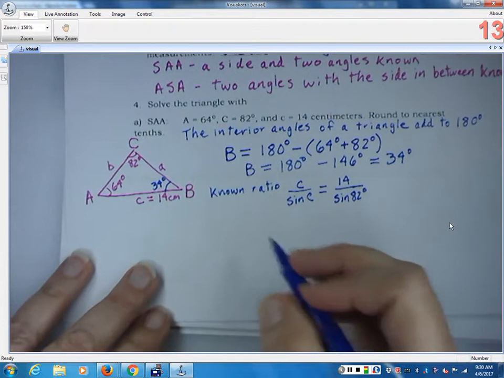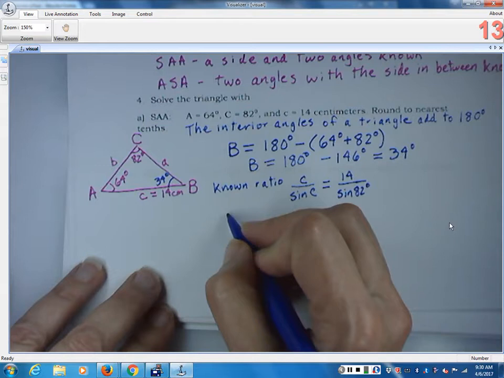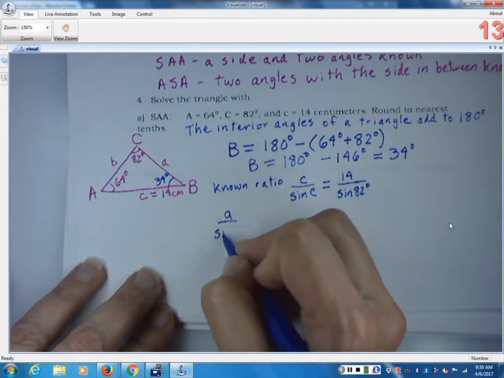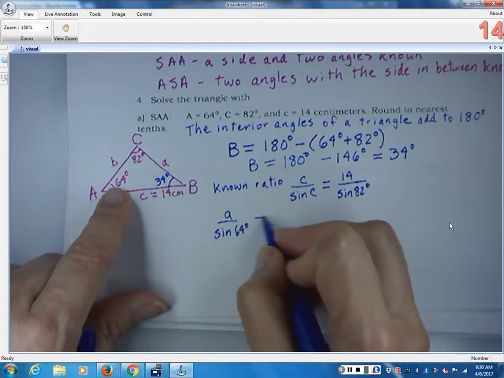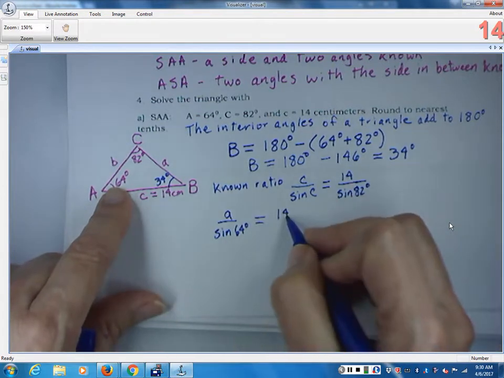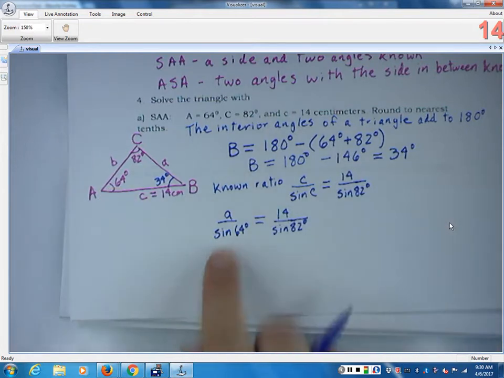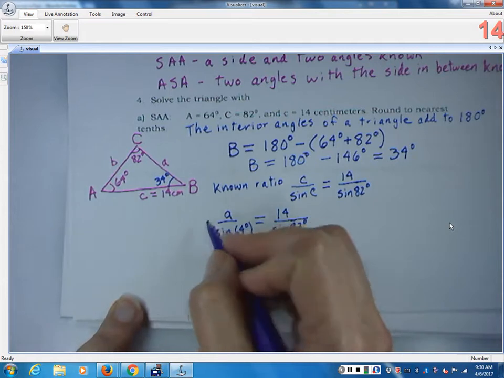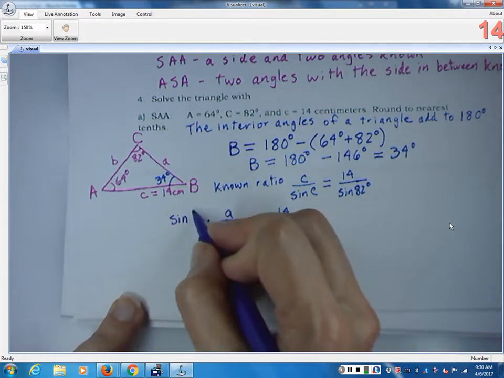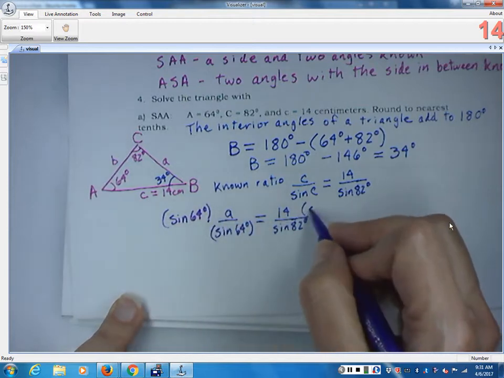I can find side A, because A over sine A, which is 64 degrees, equals this. So now you're solving for A. So you can either cross multiply, or if you have this in the upper left, you would multiply through by sine 64 degrees.